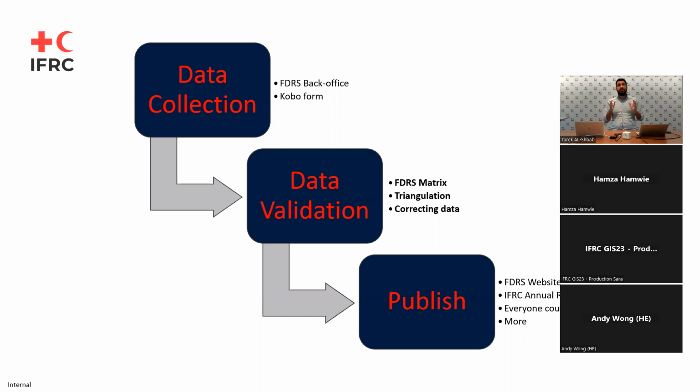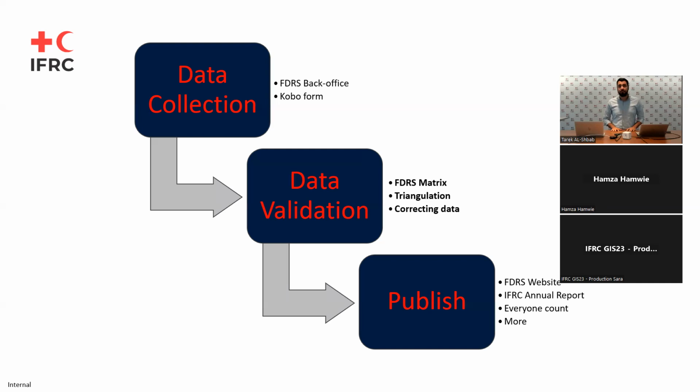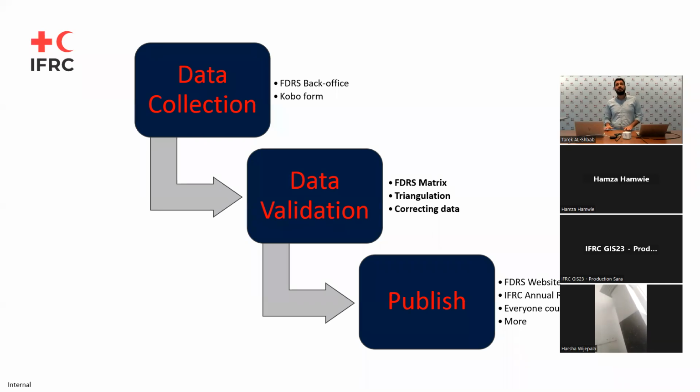We really focus and invest a lot of time on validating this data, because we want to make sure that we always have higher quality data in our system, so that anyone could later on use this data for their own work and their own publishing. And we use this data for sharing on FDRS websites, the IFRC annual report, Everyone Counts reports, and more.